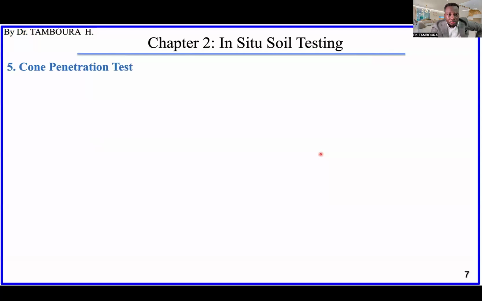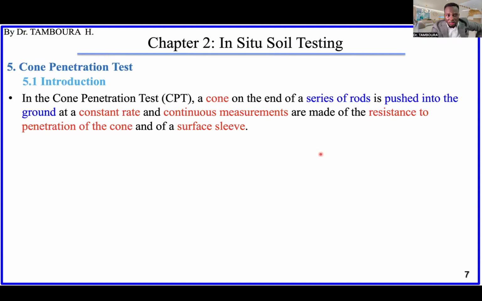So, let's go. The cone penetration test introduction. The cone penetration test is a test where a cone on the end of a series of rods, the drilling rods, is pushed into the ground at a constant rate.